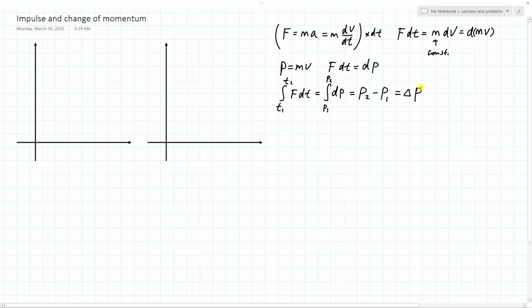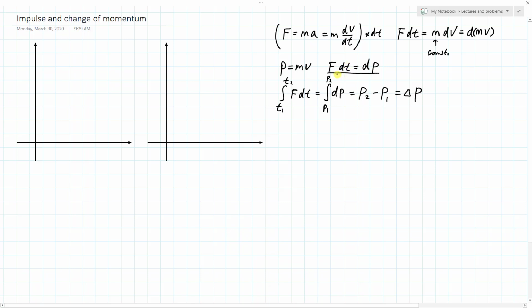Alright, so we have these two relationships. This one right here is a differential relationship. What it tells us is that a small, differential change of momentum is caused by a force applied for a very short duration.